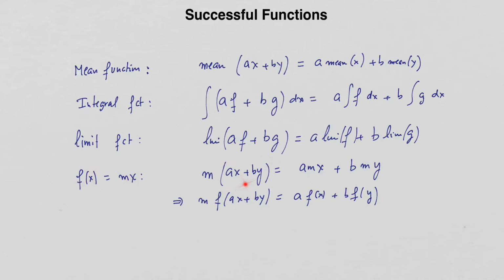So m times the inputs is m f of that input. And we know for a fact that I can distribute the m. M is a number, okay? So I can distribute. But when I distribute and I get max plus mby, I can flip-flop a and m and b and m because multiplication is commutative. And we know for a fact that this is a f of x.